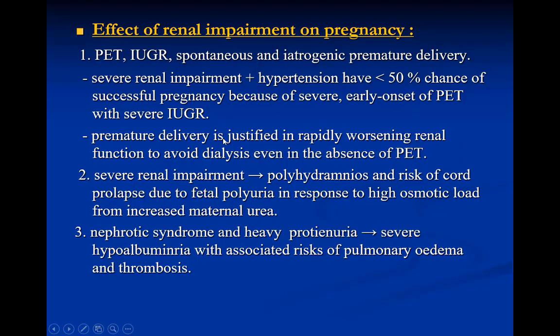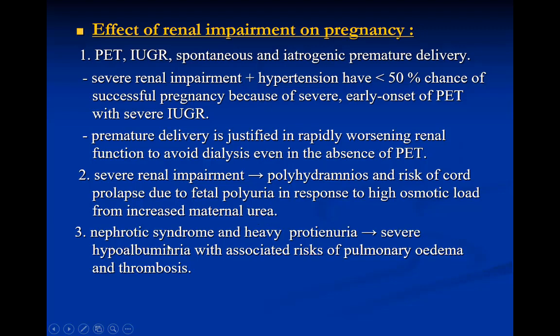Premature delivery is justified in rapidly worsening renal function to avoid dialysis, even in the absence of preeclampsia. Severe renal impairment leads to polyhydramnios and risk of cord prolapse due to fetal polyuria in response to high osmotic load from increased maternal urea.